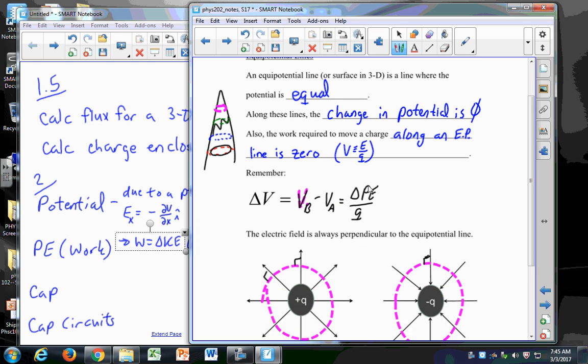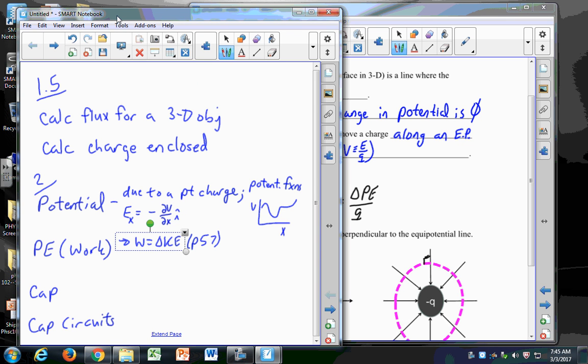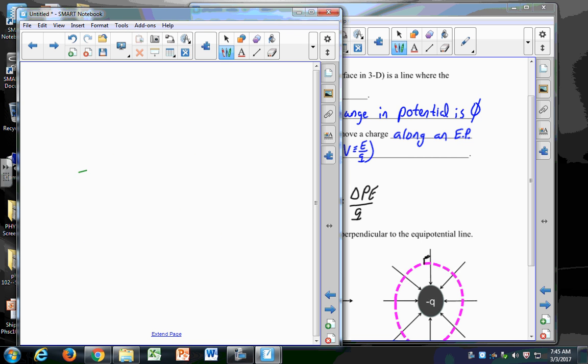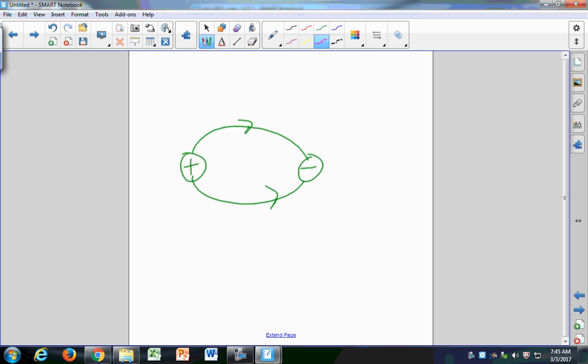I might give you a configuration of charges and ask you to draw the equal potential lines. So what I would give you, this would be just worth probably a few points, 3 to 5 points, is a positive charge and a negative charge, and I'd already have the field lines drawn, and all you'd have to do is come along and draw the equal potential lines, being careful that the equal potential lines are at 90 degrees to the field line.